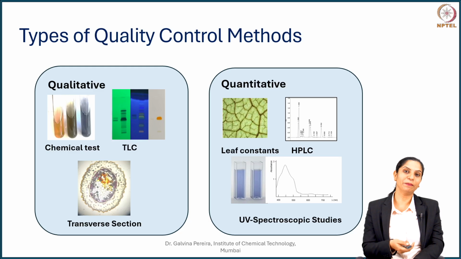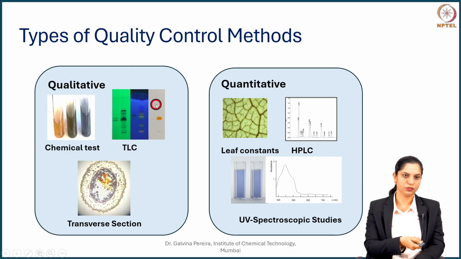Meanwhile, say for example, there is a drug which is rich in tannin. I can do a simple test with ferric chloride. So, this is a drug extract. I can make the extract in water and I just add a drop of ferric chloride to it. If it is giving me a green color, I know that the drug is rich in condensed tannins.